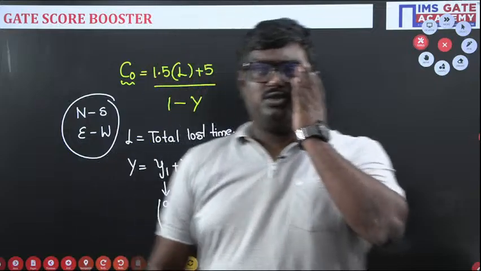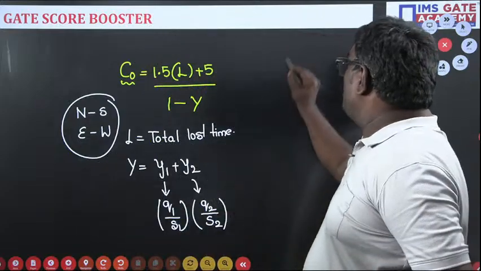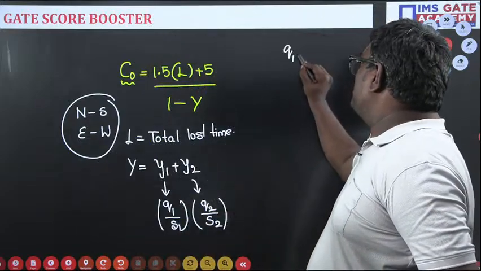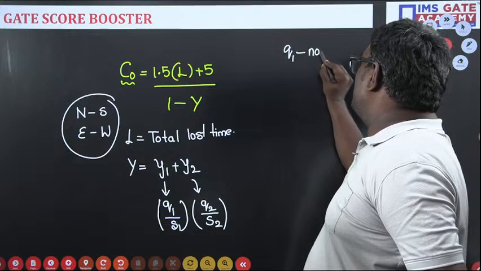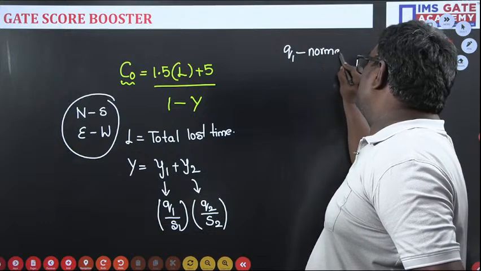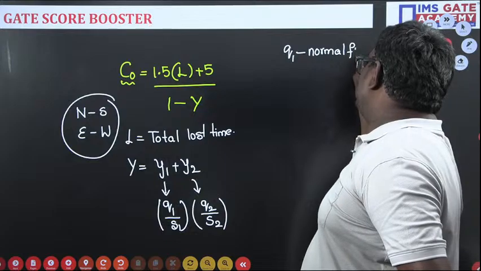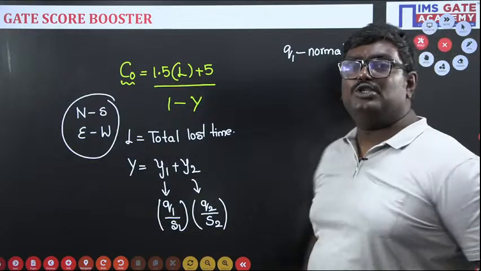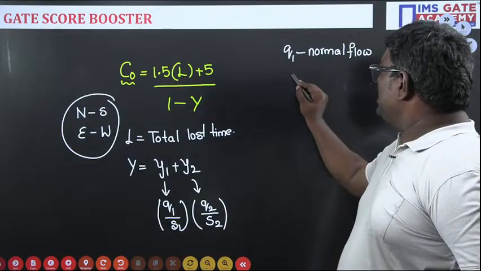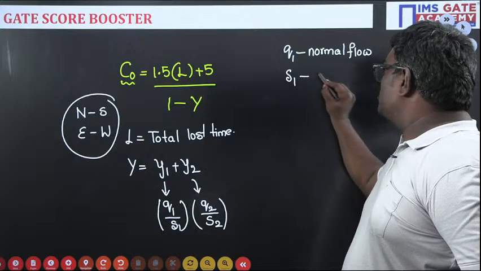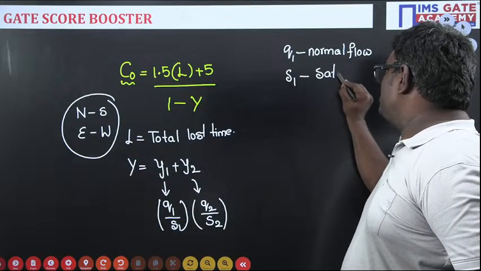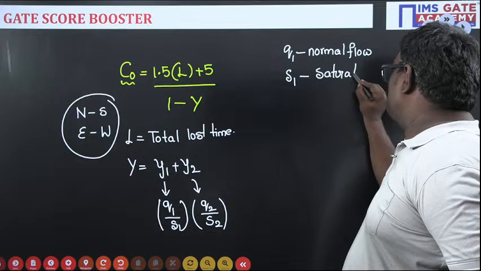Now let me tell you what Q1 is. Q1 is the normal flow, and S1 is the saturation flow.